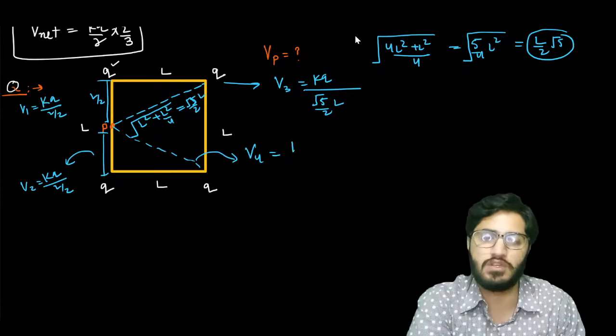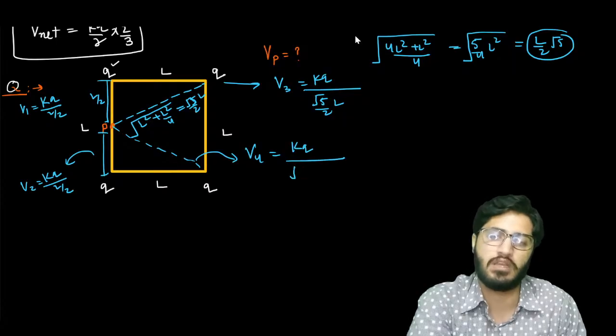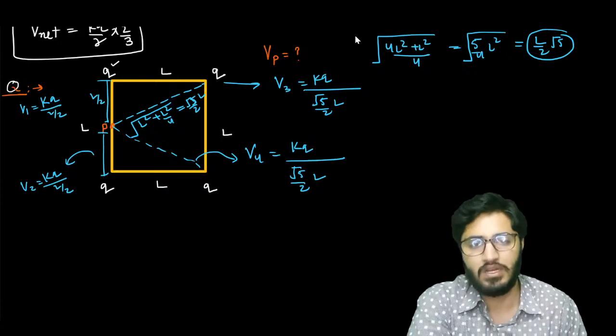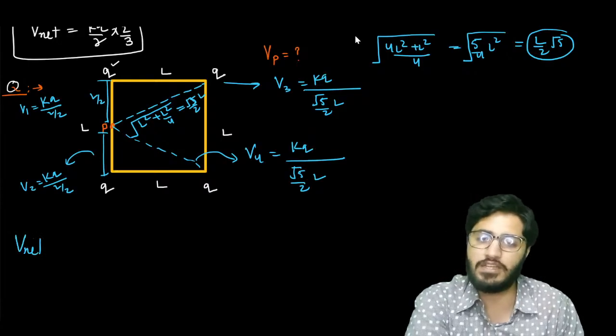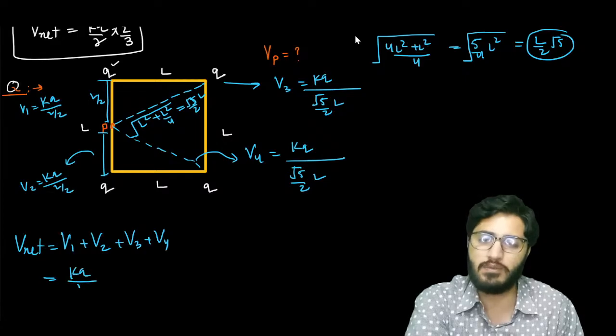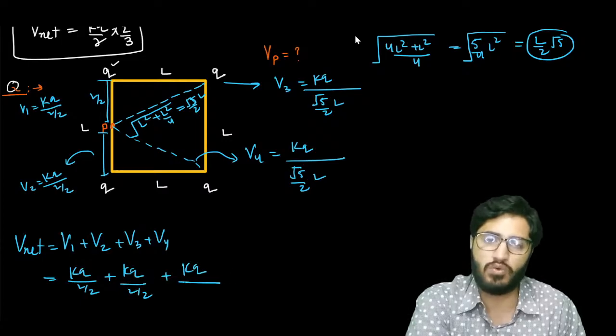V4 is equal to KQ whole divided by under root 5 by 2 times L. Okay, now what will be V net? I guess V net is equal to V1 plus V2 plus V3 plus V4. V1 is equal to KQ divided by L by 2. V2 is KQ divided by L by 2. V3 is KQ whole divided by under root 5 L by 2.